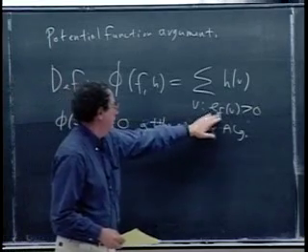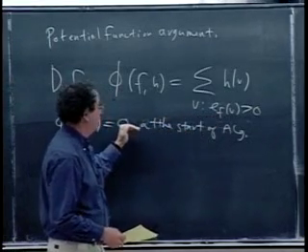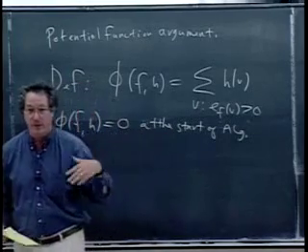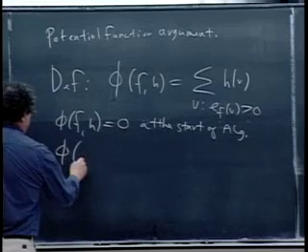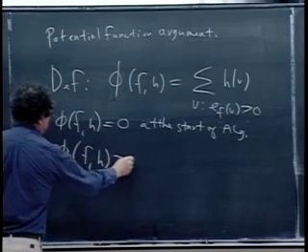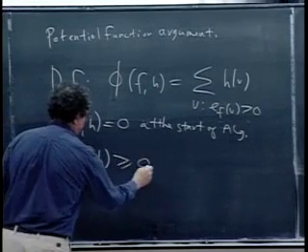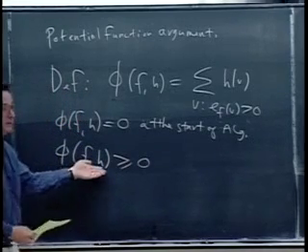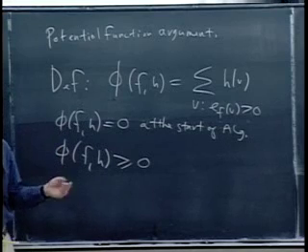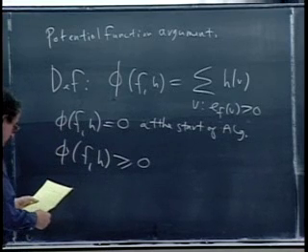So initially, it's just 0 because we haven't pushed out anything from the source, and we also know that it's never negative, because these heights only increase; they never decrease.